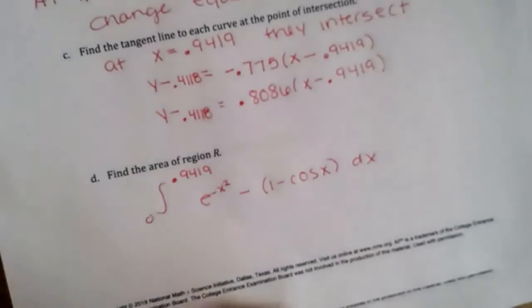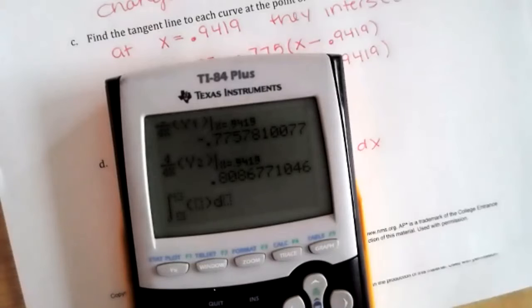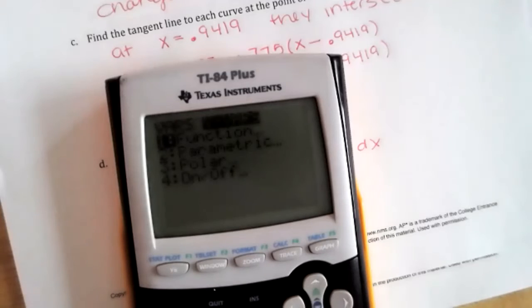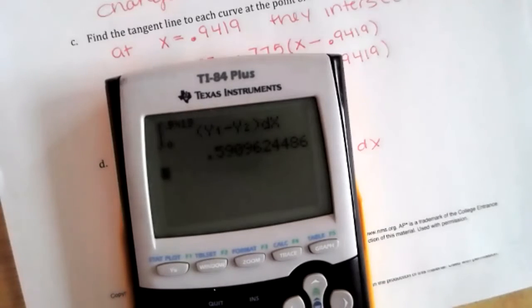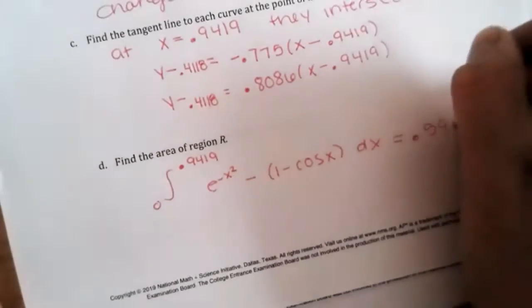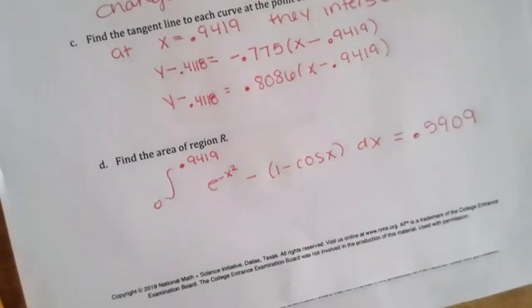On your exam, I would write it out like that, and then I would go to my calculator, go to math, go to 9, go to 0, 0.9419, then hit vars, y vars, function y1, minus vars, y vars, function y2. I'm not going to type out the equations, and then hit dx, and then hit enter, and you get 0.5909. And that represents the area of the region between them.